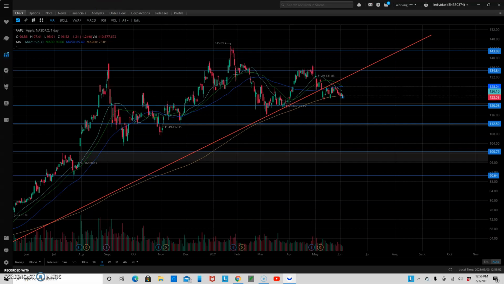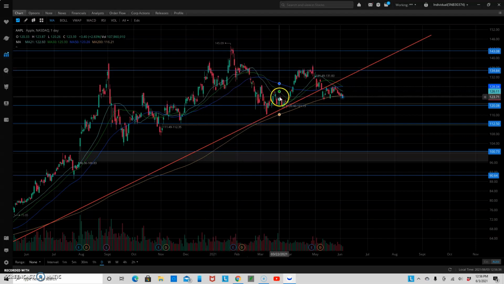Today is, like I said, June 3rd. Apple's currently trading at this moment at $123.58. It's actually down almost $1.50, which is the equivalent of 1.18% today. Apple did have a 52-week high, which they reached on January 25th of earlier this year, of $145.09, and since then they've been dropping a lot.